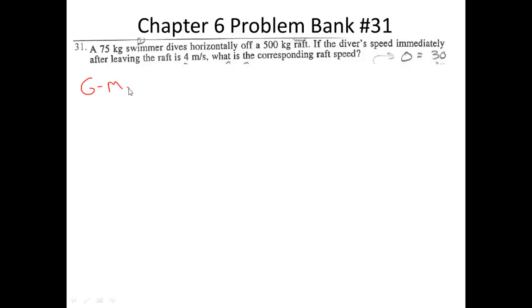The mass of the swimmer is equal to 75 kilograms. The mass of the raft is equal to 500 kilograms. The final velocity of the swimmer is equal to 4 meters per second.